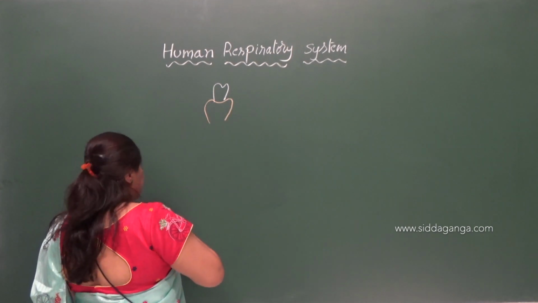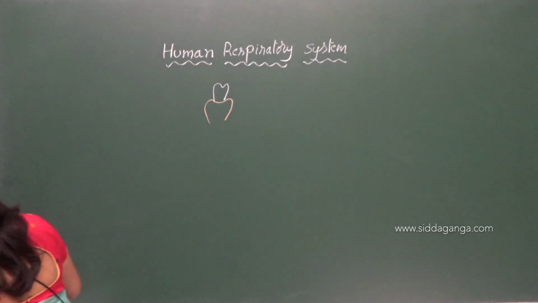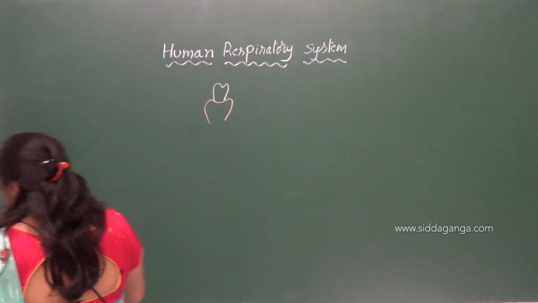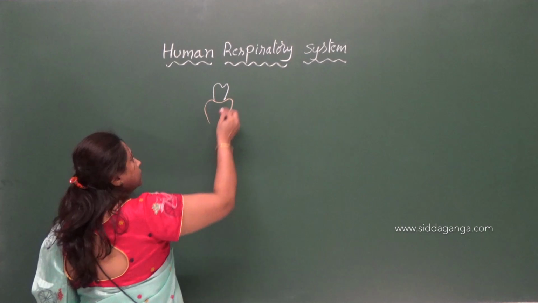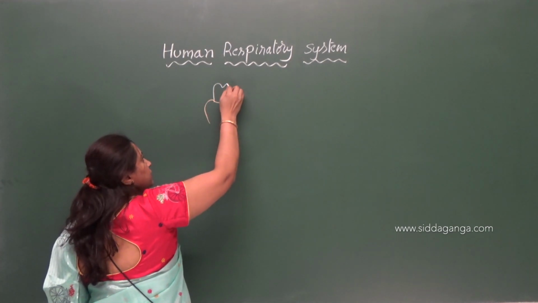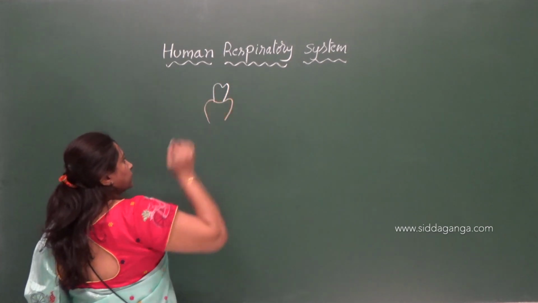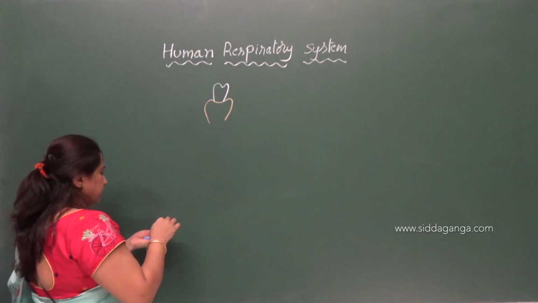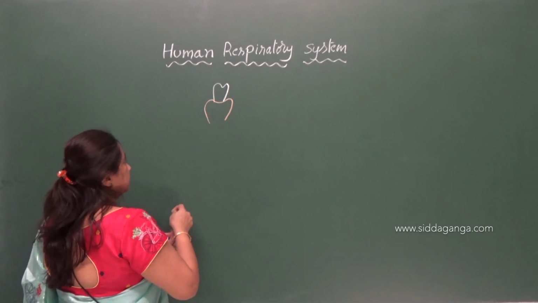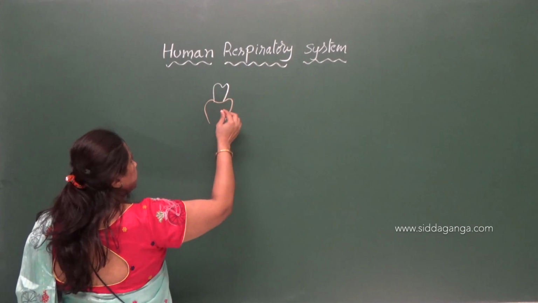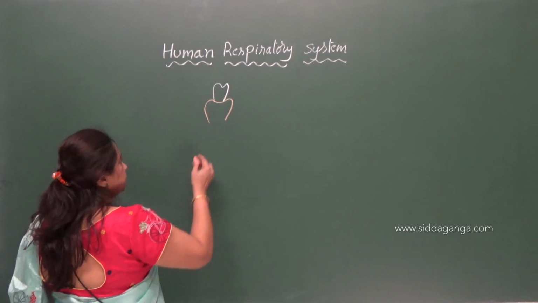So you know that the larynx is made up of 9 cartilages, right? So which are the 9 cartilages? Epiglottis, thyroid cartilage.